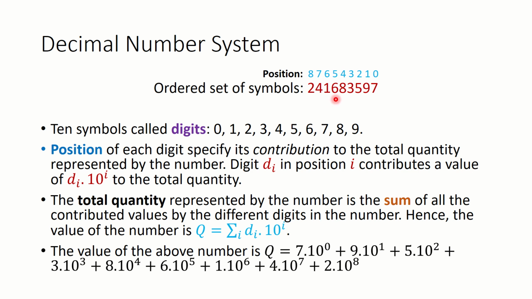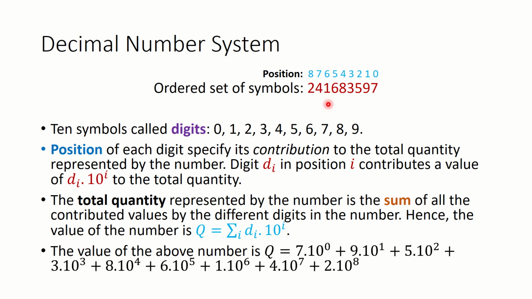The contribution of this symbol which we call 6 is not 6 anymore, but it is 6 into 10 to the power of 5. That is the contribution of this particular symbol in the total quantity represented by this number.